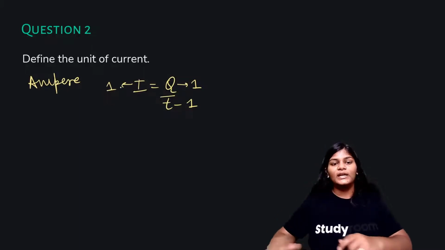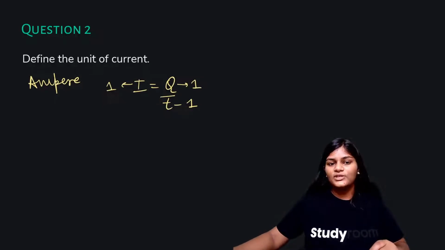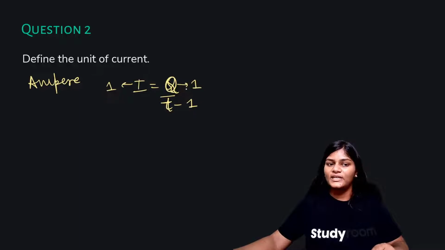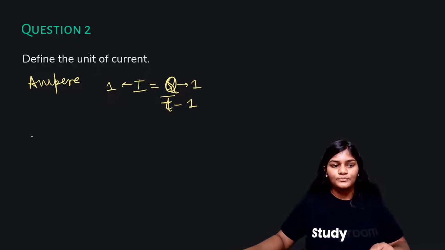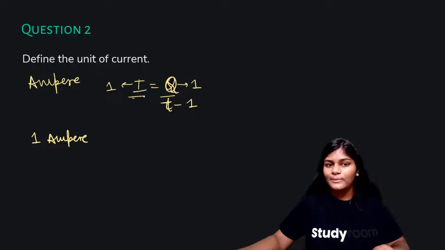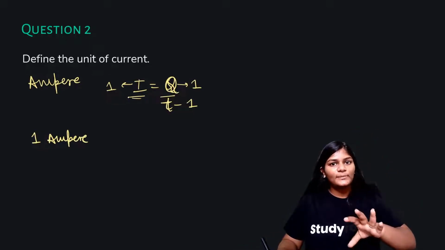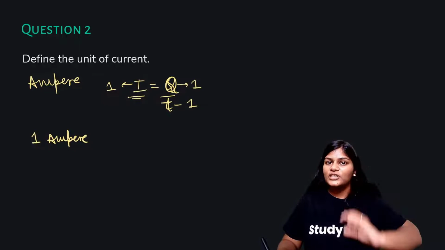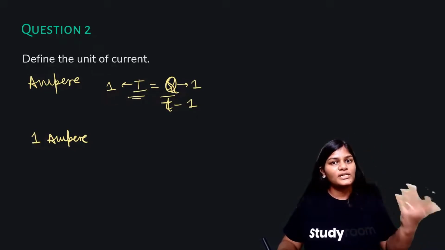Which is the standard definition, right? So say if we take the charge as 1 and time as 1, how will we define it? We will say that 1 ampere, because the answer will come out to be 1, charge is 1 and time is 1. And current is charge upon time, so 1 divided by 1 is 1.